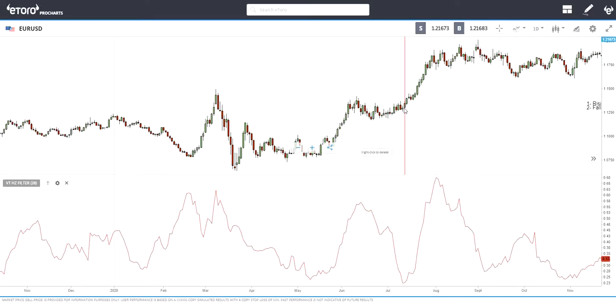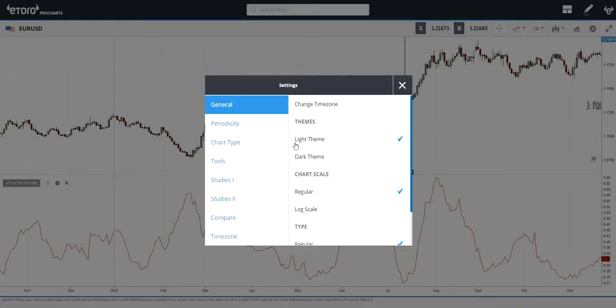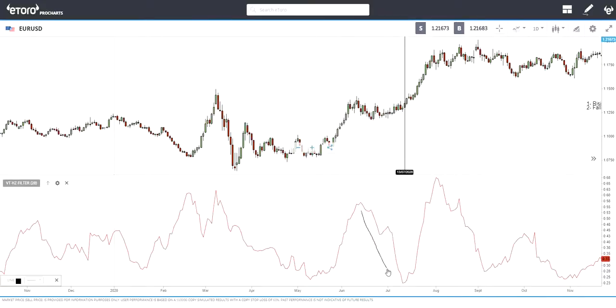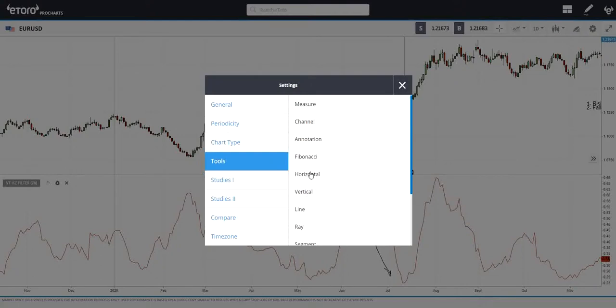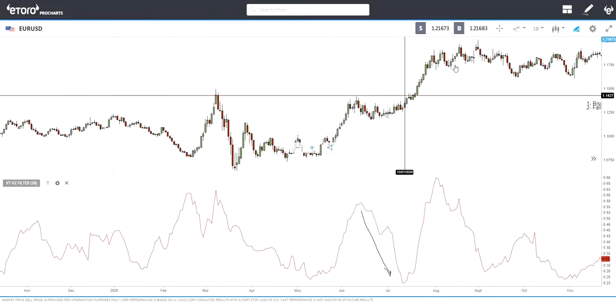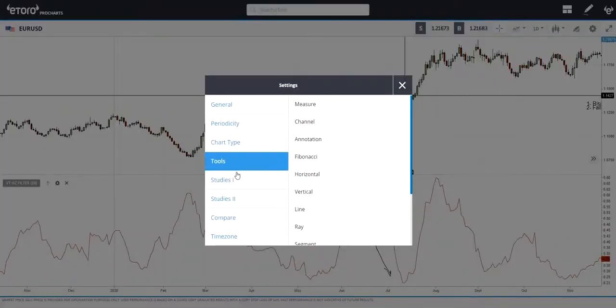Okay. Before that, in the indicator is falling, so this fall means that we are in a range market. So if you add a couple of horizontal lines here, you can see that we have been in a range market.